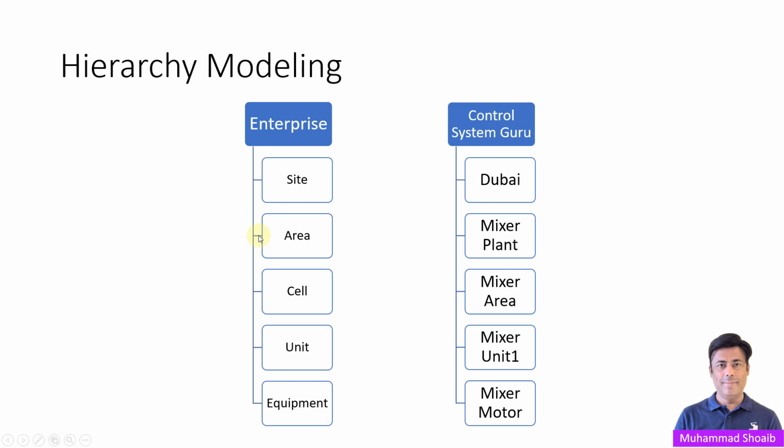So let's first understand some key concepts: what is the equipment type, what is the equipment, and what is the equipment item. Then we'll move toward the practical demonstration of how we can use this naming hierarchy and how we can configure the equipment type in our project.